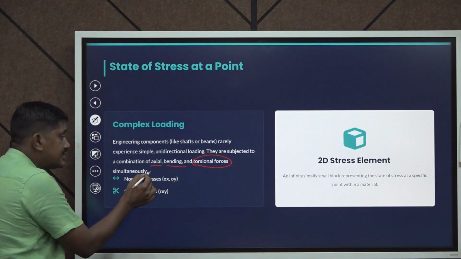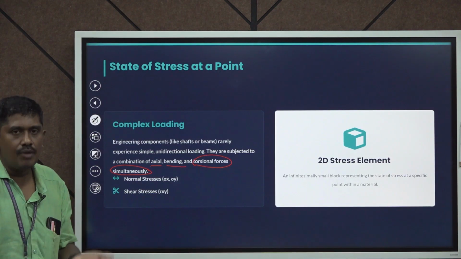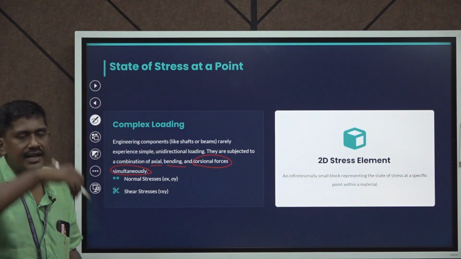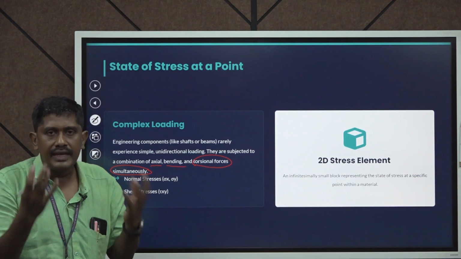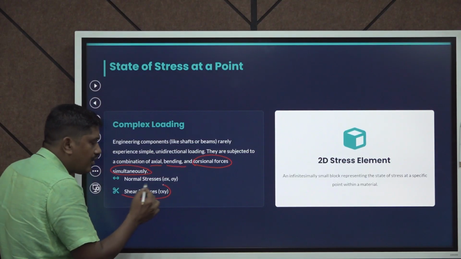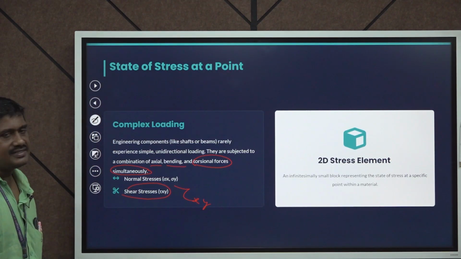That is very important. The simultaneous action is very important. The normal stresses we call sigma x and sigma y. If it is in the y direction, we call it sigma y. If it is in the x direction, we call it sigma x. And if it is a shear stress, we call it tau xy, with suffix xy.